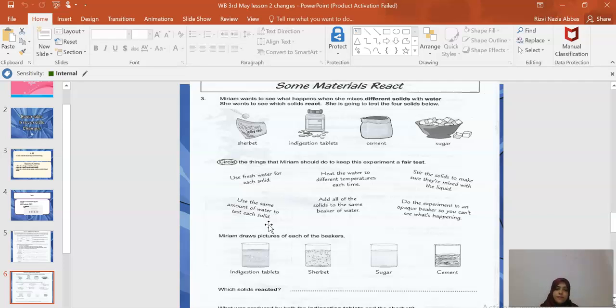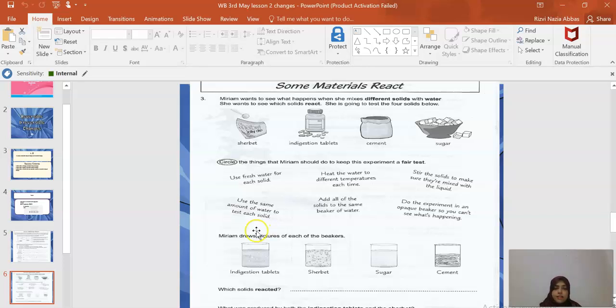Okay, circle them. Then she draws a picture of each beaker. You can see the indigestion tablet, sherbet, sugar, cement. Now look at the picture and tell which solid do you think has reacted? Then the last question is what was produced by both the indigestion tablet and the sherbet.